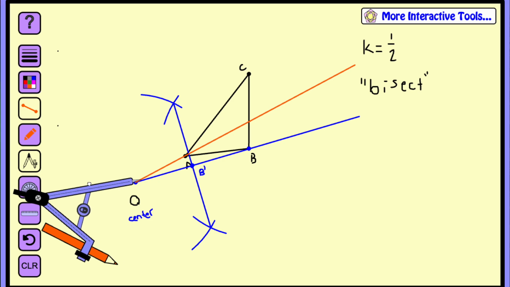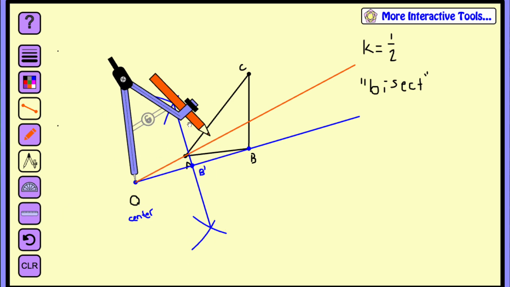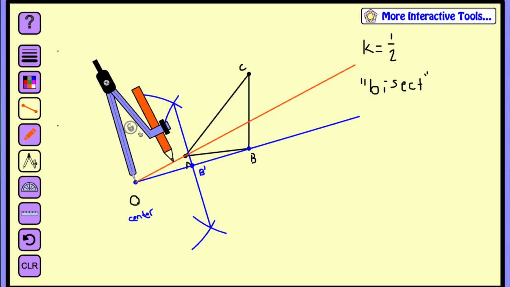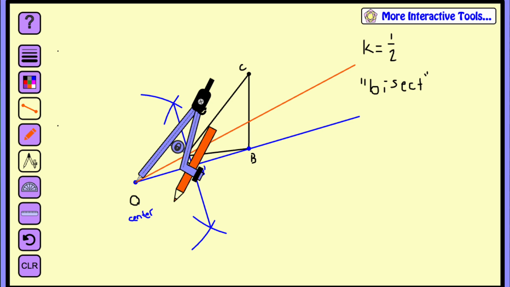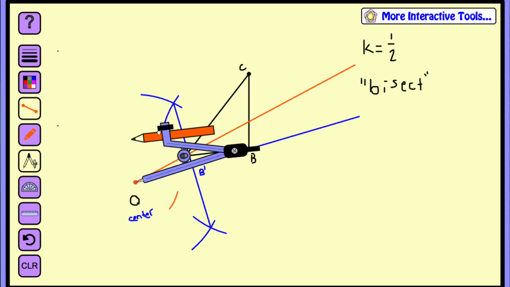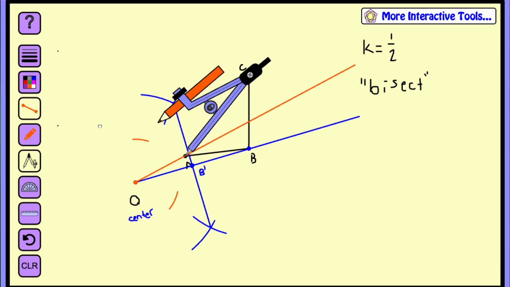And again, the idea here is that we need to bisect the segment connecting O and A. So this is the distance of O and A, and we go more than half of that distance, and we need to make our arcs intersect above and below the line. Then I'm going to move my needle to A, being very precise here.